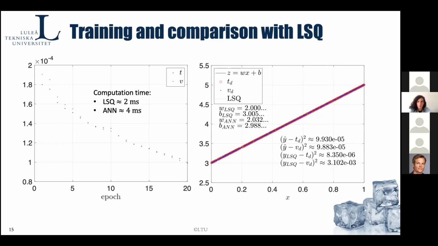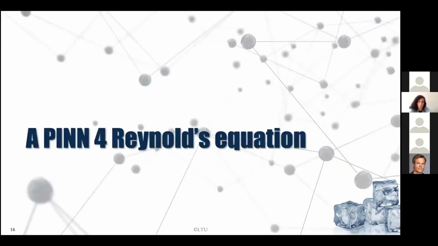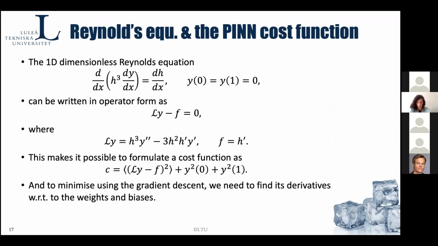So now we are at the stage of giving the theory, the backbone for the PINN. It's very simplistic, because if we now consider in 1D the Reynolds equation, it is very easy to understand how this implementation of the physics-informed neural network will be, because it's just accomplished by formulating the cost function so that it contains the physics of the problem, and that's done by presenting the Reynolds equation in operator form.